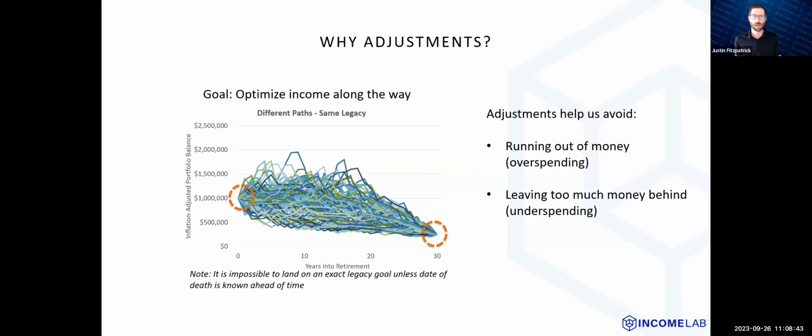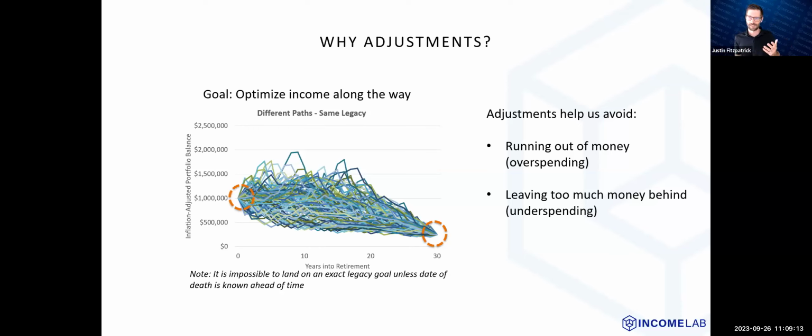So our goal is to optimize income along the way and take the best path possible, given what we know, given our resources, and land where we're hoping to land. So this picture where the outcomes are really zeroing in on, in this case, maybe a desired legacy goal, is the ideal situation. Now, of course, we don't live in an ideal world. To do this, you would have to know the future. You'd have to know exactly when someone was going to die.